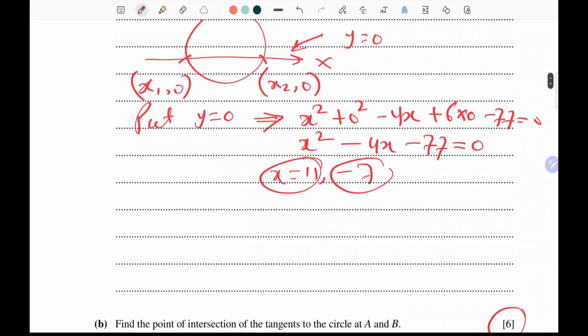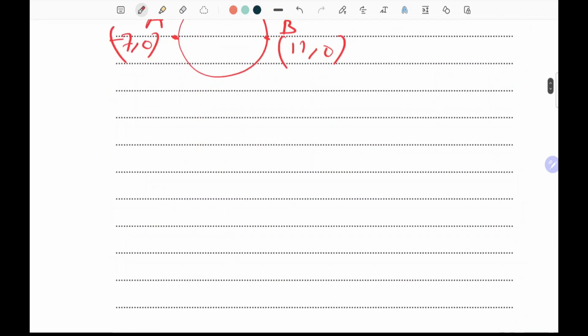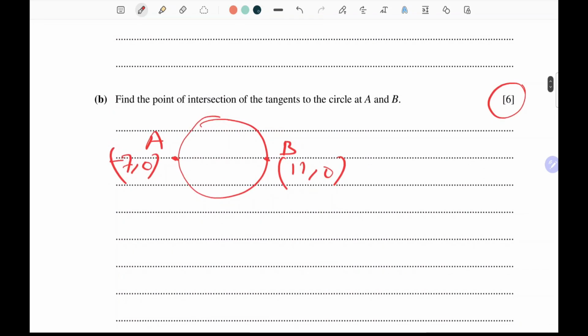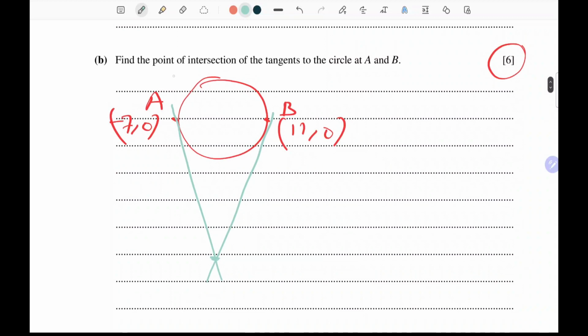You know why this is 0? Because this is the x-coordinate. So this is minus 7 comma 0 and this is 11 comma 0, because minus 7 we should keep to the left. Okay, and we need to draw the tangents. So let's draw the tangents here, something like that. They will intersect somewhere. So I think we need to find the point of intersection. Okay, that's the point we need to find.